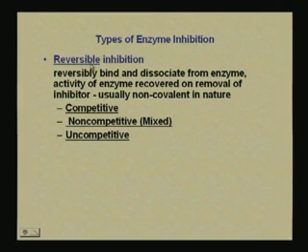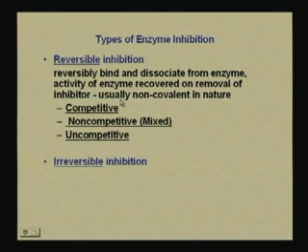The features of reversible inhibition again are: there is a reversible binding and dissociation from the enzyme, on removal of the inhibitor the activity of the enzyme is recovered, and the association is non-covalent in nature.